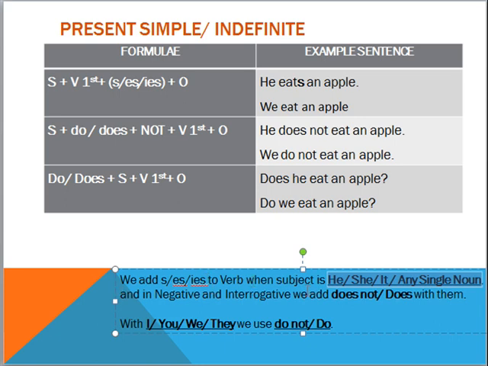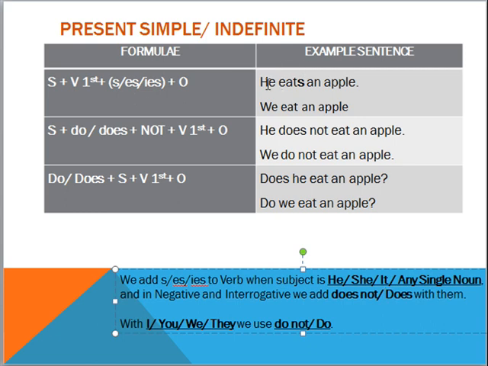In negative or interrogative form, we add does not in negative and does in interrogative. And with I, you, we, they, we use do not and do in interrogative, and we do not add S, ES or IES to the verb.